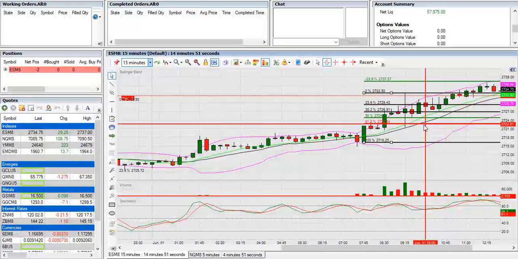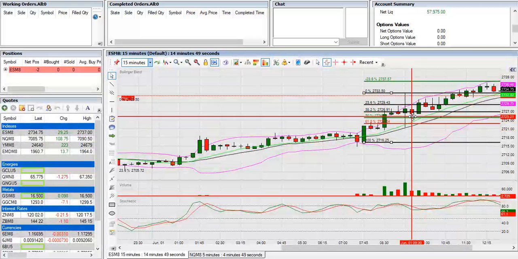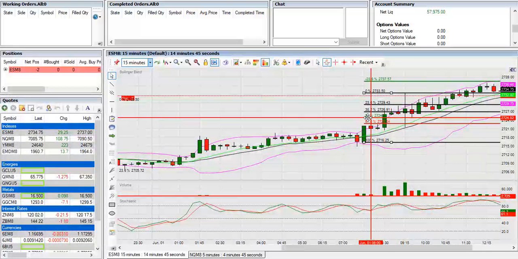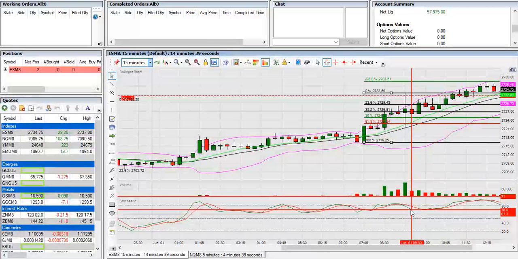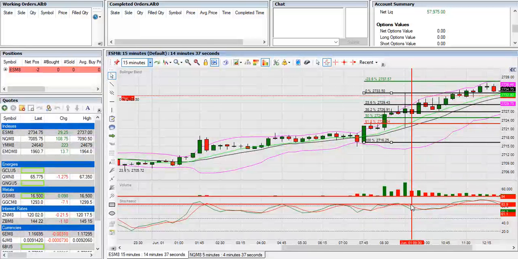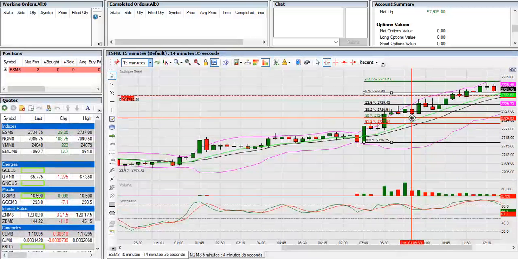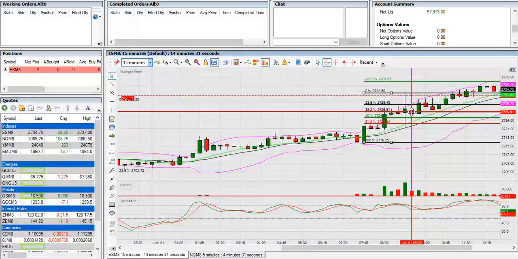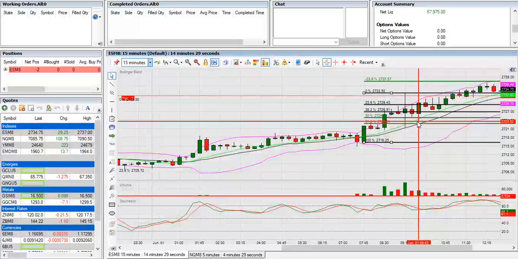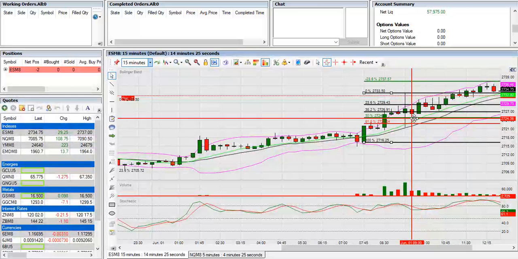And then if you take a look, this next red candle gives you your 50% retracement again. And when you combine that with your momentum still being high to the upside, you have a little pullback off of your outer band, trying to go towards the middle of your band, but it doesn't quite get there.